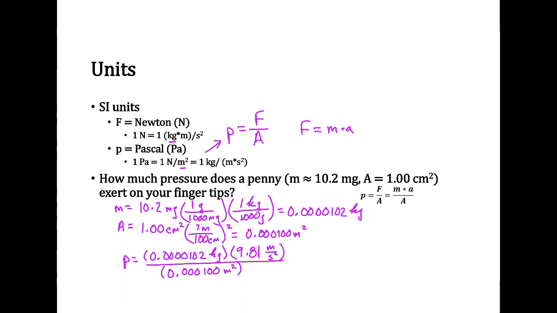So whenever we plug this in, what we should get is that our pressure is 1 kilogram per meter second squared, which is also equal to 1 pascal. Okay, so we know how little pressure a penny exerts on our fingertips.